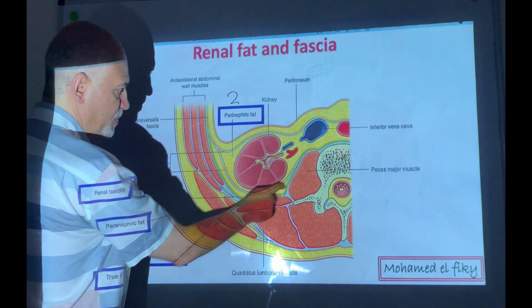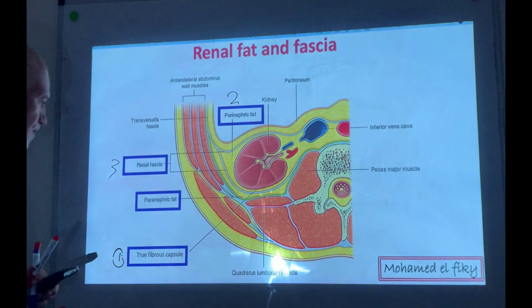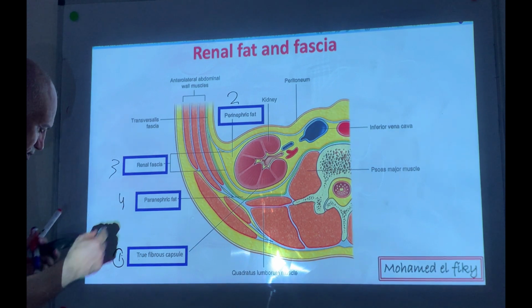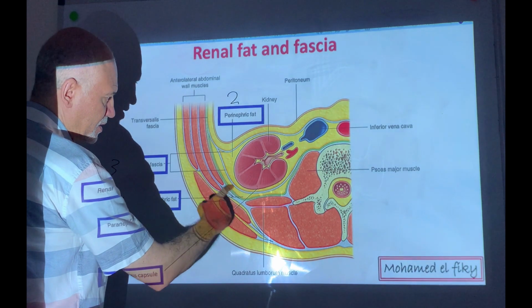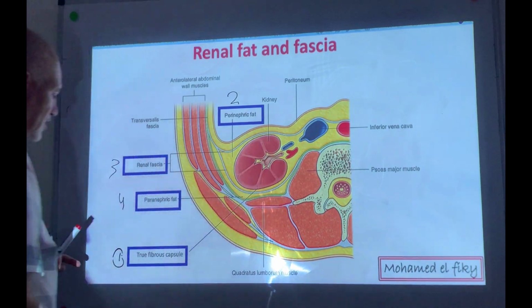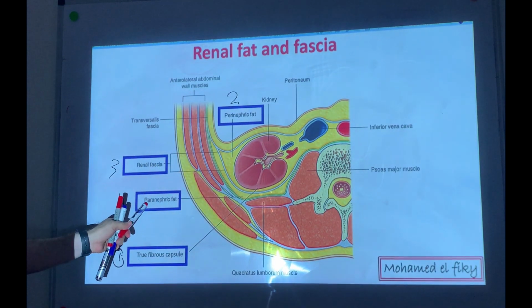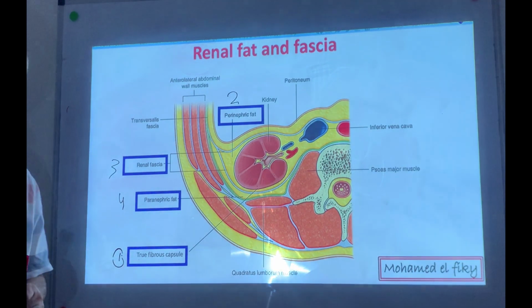Renal fascia splits to surround the kidney. Number four, from outside, fat again: paranephric or pararenal fat.